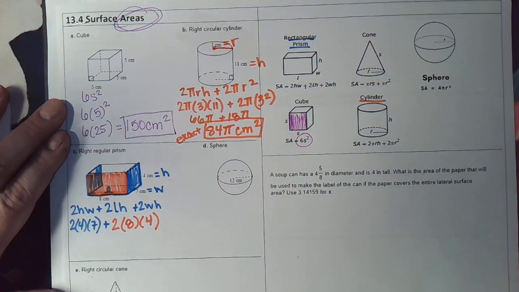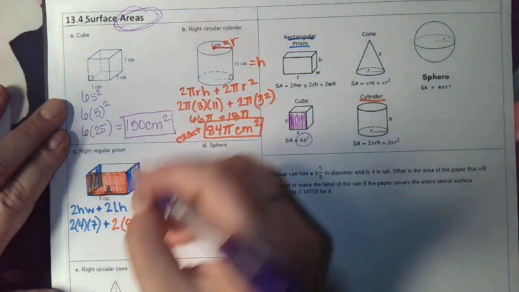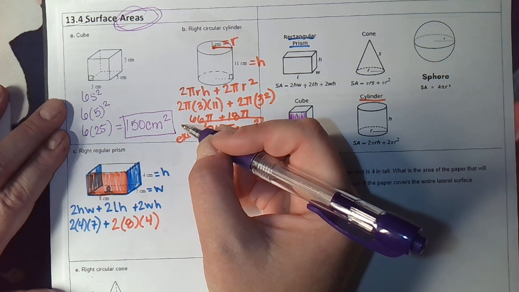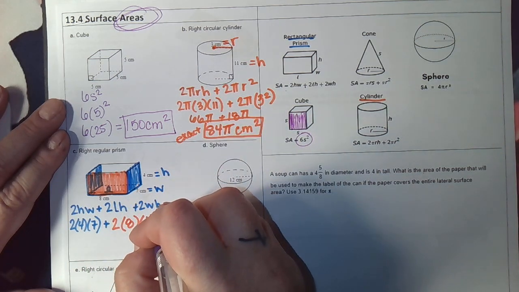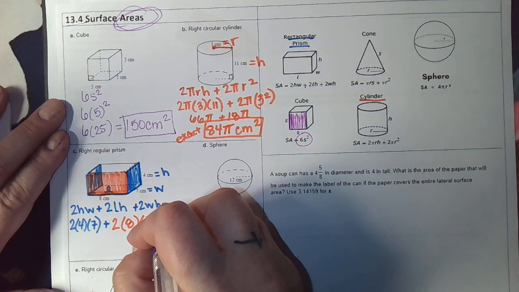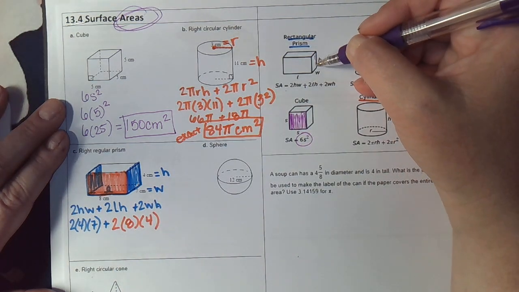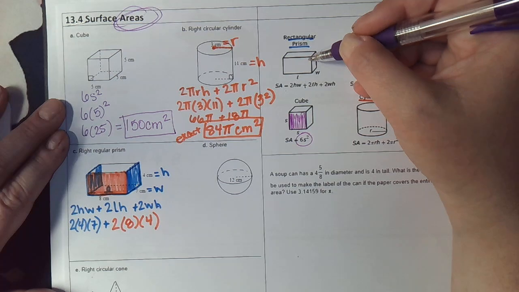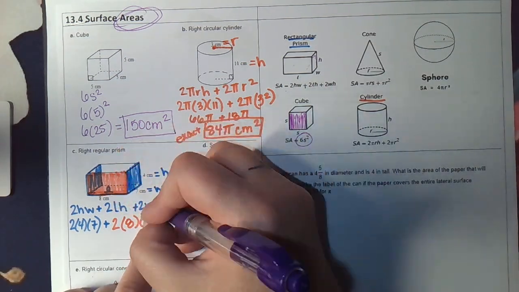Okay, now let's see the last part. It says 2WH. I think I wrote something down wrong. I think this last one is supposed to be WL.